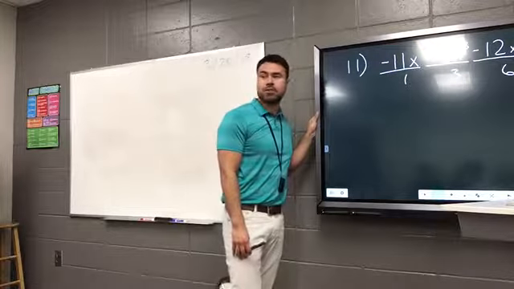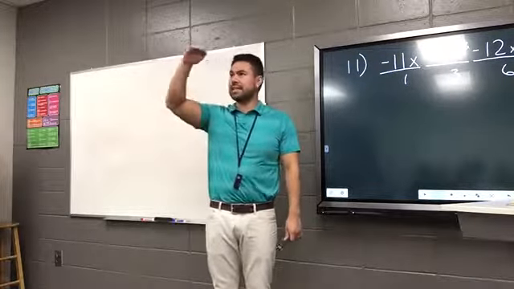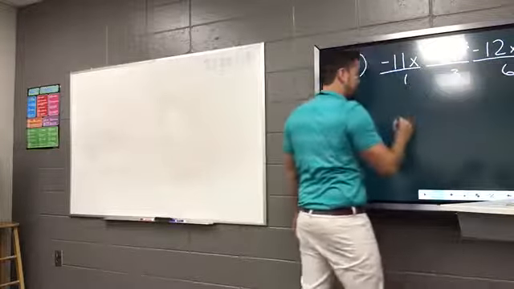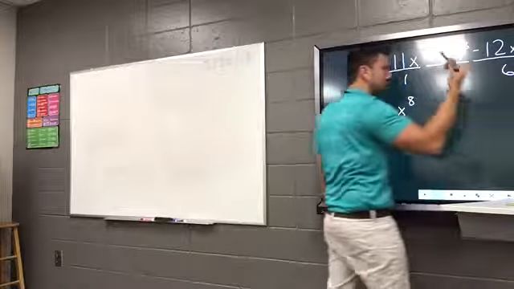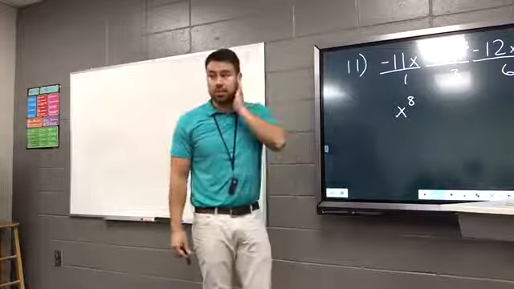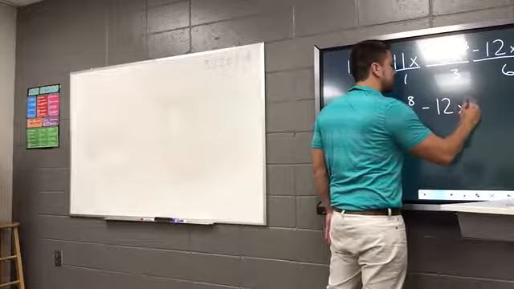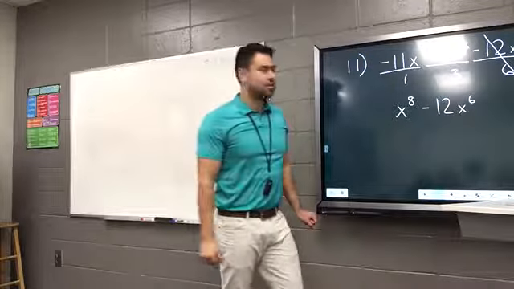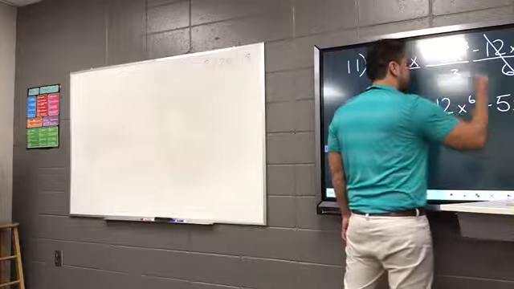Which one should I put first then, if I'm looking at the degree and writing it in descending order? X to the 8th. I write that first. Okay, so that one's done. I crossed it out for myself. What's the next one that should come up? Negative 12x to the 6th. That's the next one. Next. Positive 5x cubed.